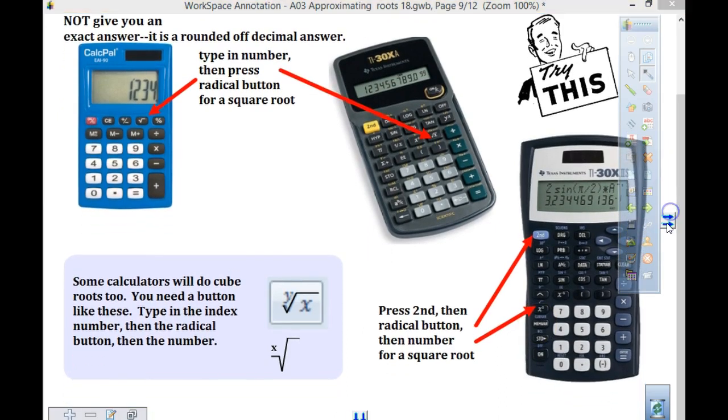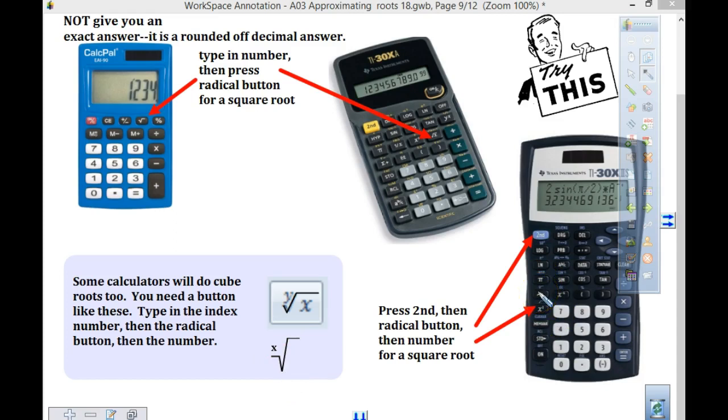How do you get to a cube root? So let's try the cube root on your calculator. On a lot of our calculators, right above this is called the caret key. That's where you see this button, and it looks like this, either y to the x or x with a root. Some of your calculators actually have that button.